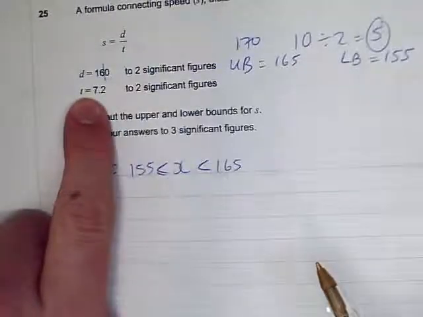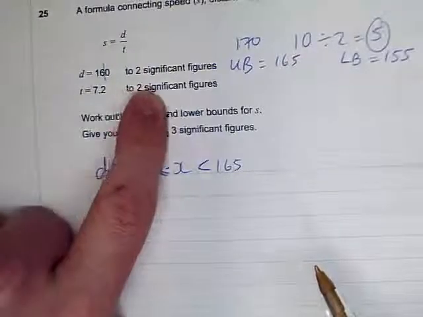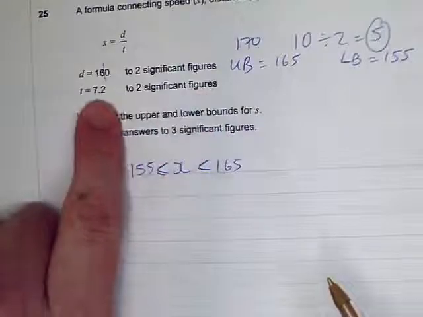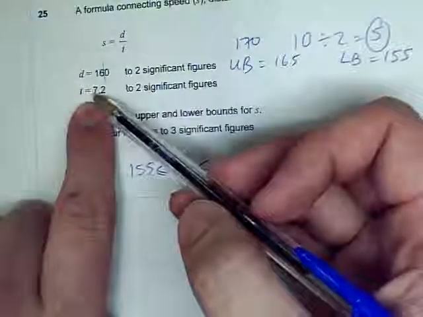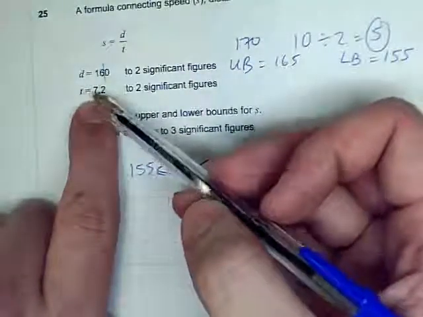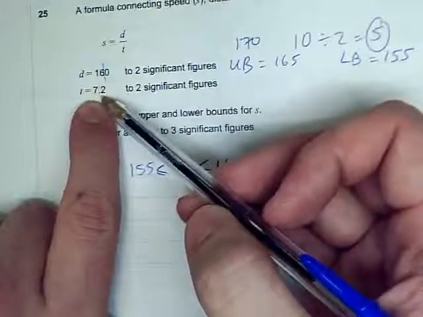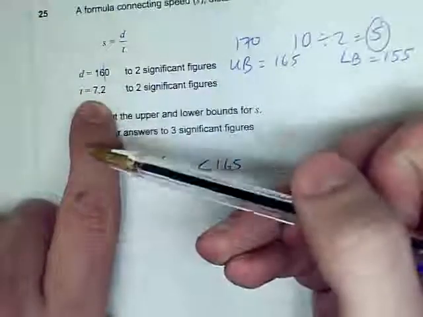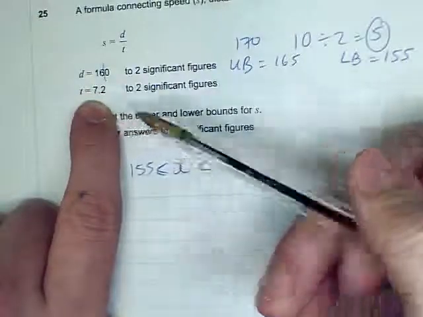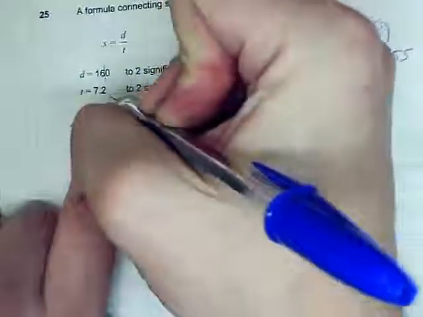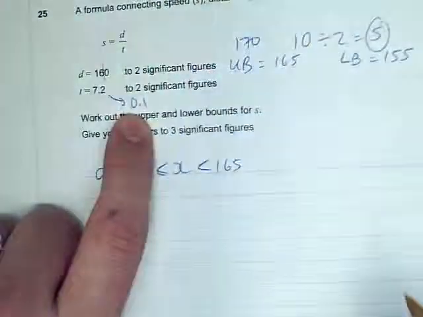So for the second bit, t equals 7.2 to two significant figures. So again, my two significant figures are the 7 and the 2. So the next digit up from 7.2 is 7.3. So 7.2 to 7.3 is an increase of 0.1.